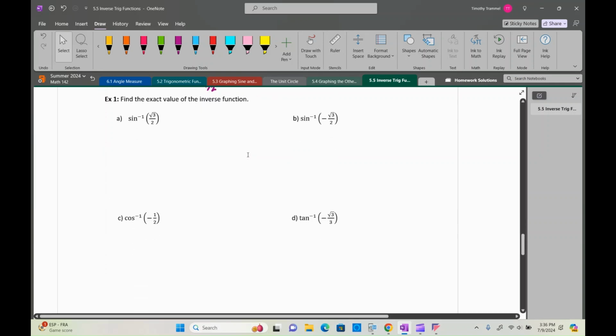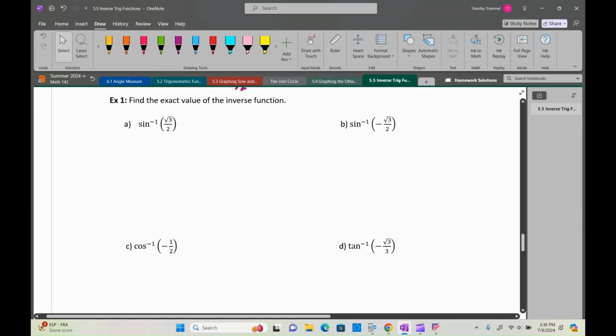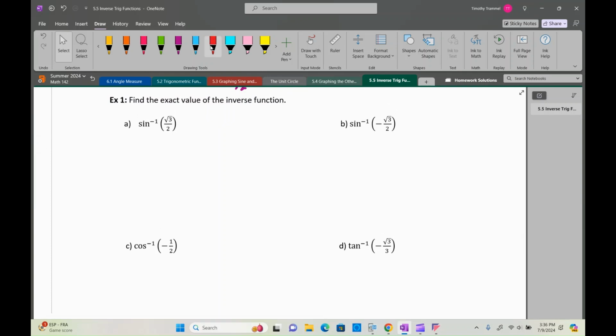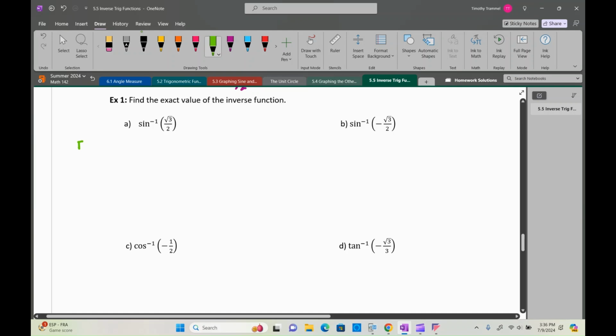All right, so let's start off right here. It says to find the exact value of each one of these trig functions. One way to think about this is we want to know for what theta does sine of theta equal the square root of 3 over 2?